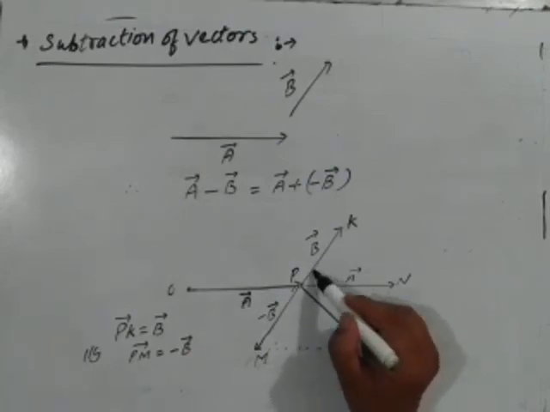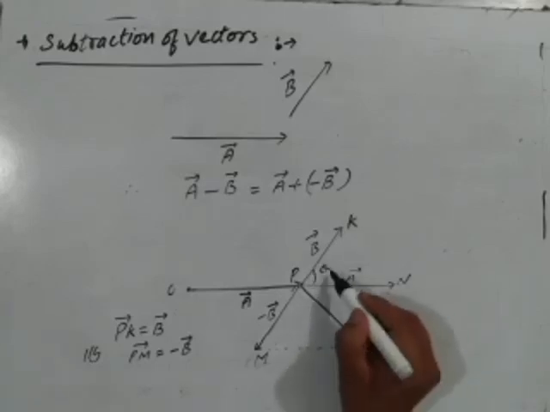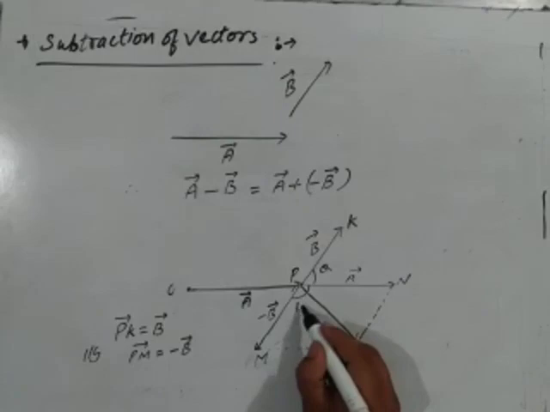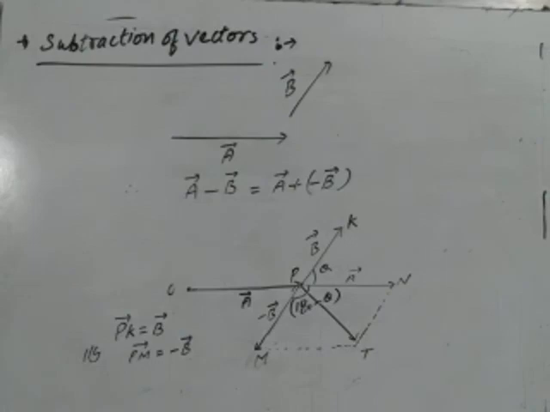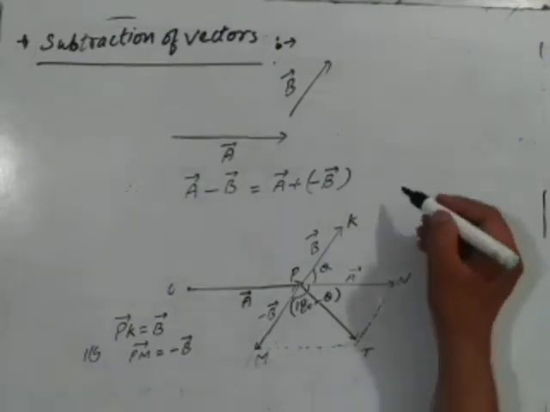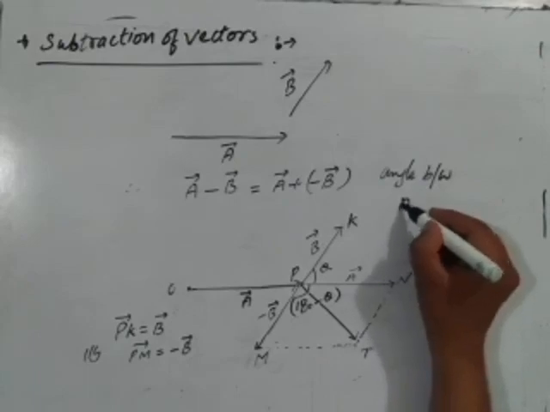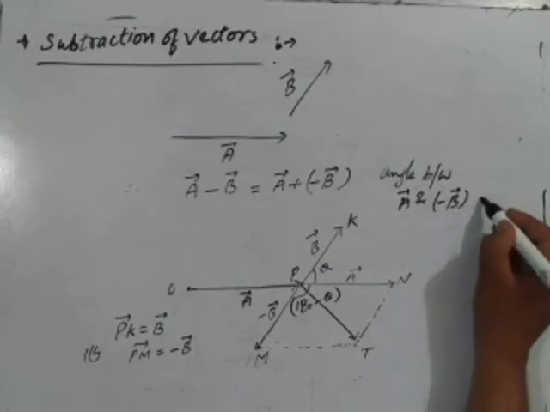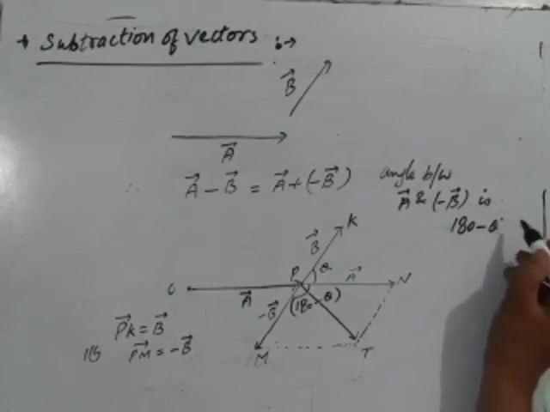So initially, if this angle is theta, then the remaining angle is 180 minus theta. So the angle between A vector and minus of B vector is 180 minus theta.